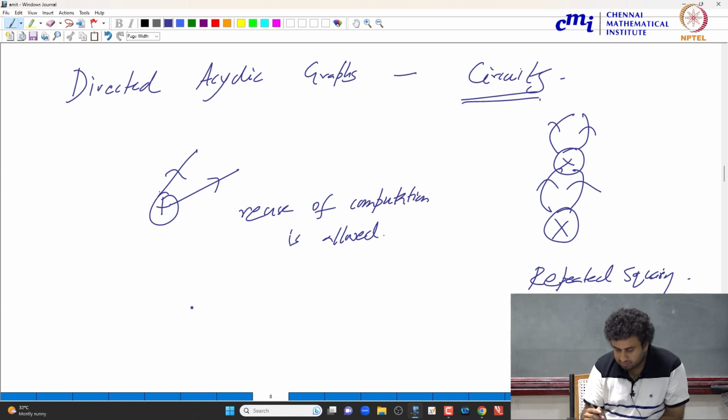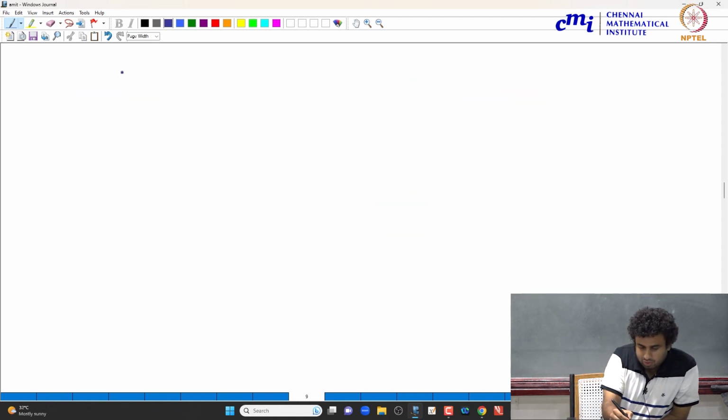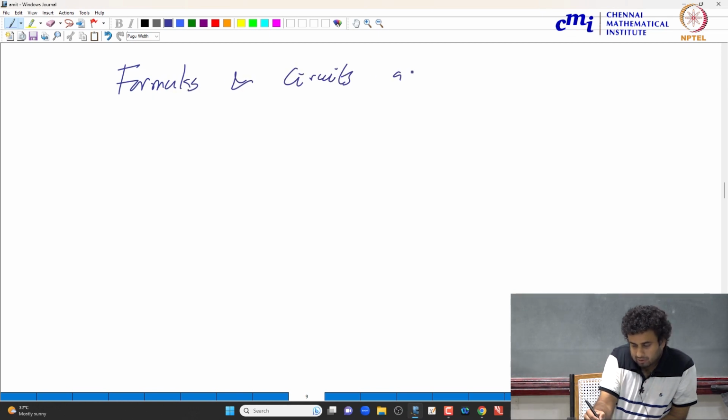So the point is, you can use formulas and circuits as data structures for representing polynomials.